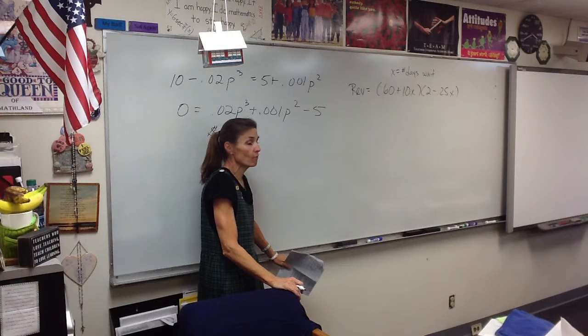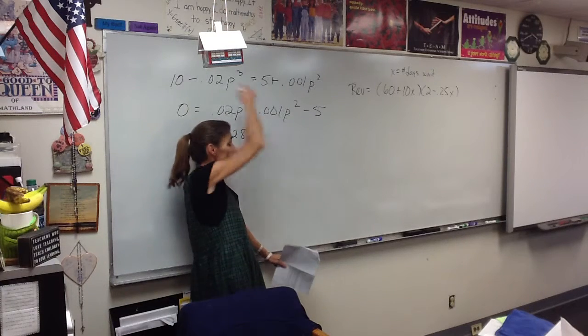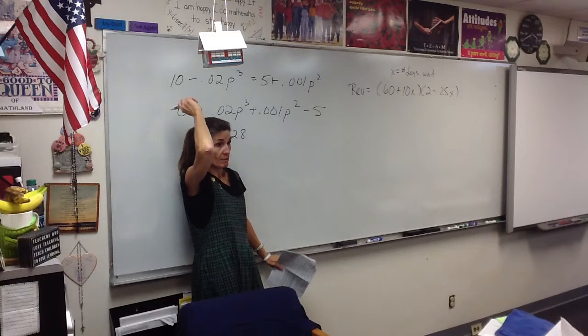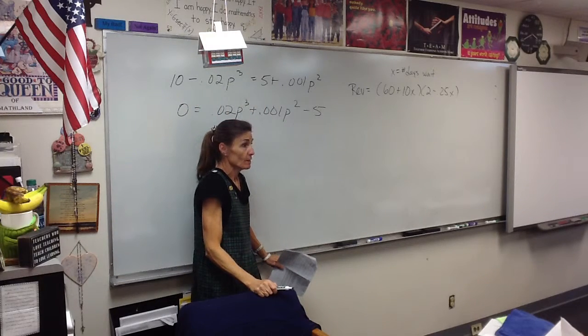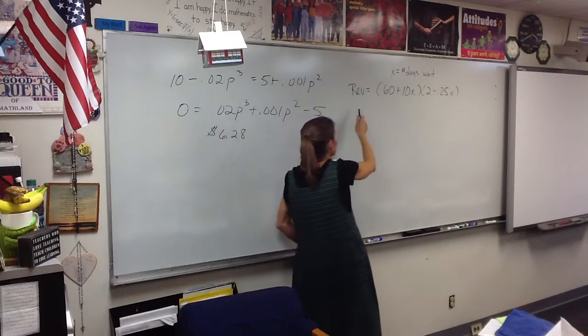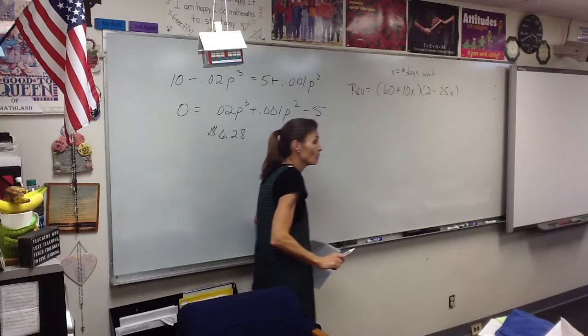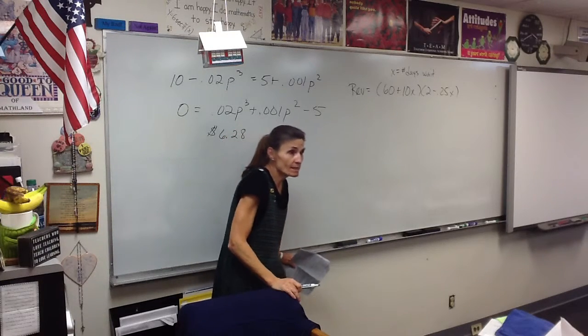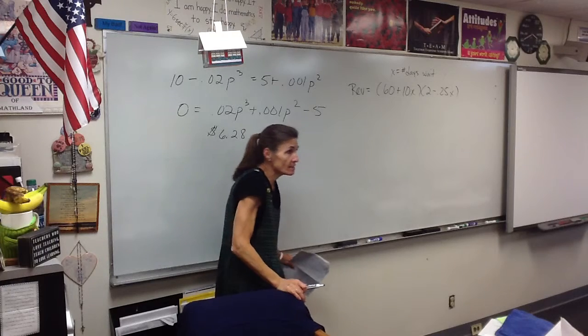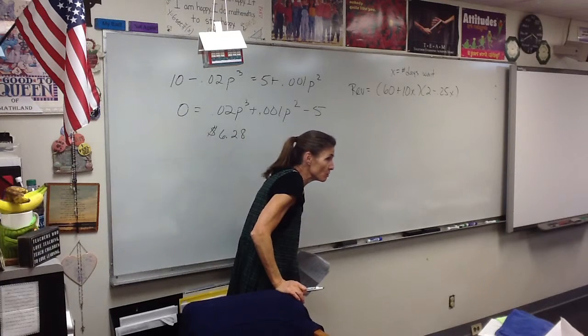What am I looking for? This one I was looking for where it equaled 0. Is that what I'm doing here? I want the maximum. Kids, you do not want the revenue to be 0, do you? What would that mean if your revenue were 0? You are not making any money, right? That is not a good situation.